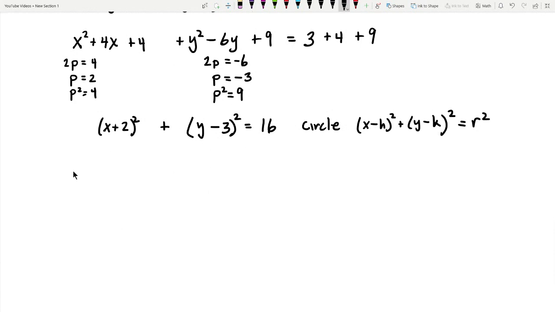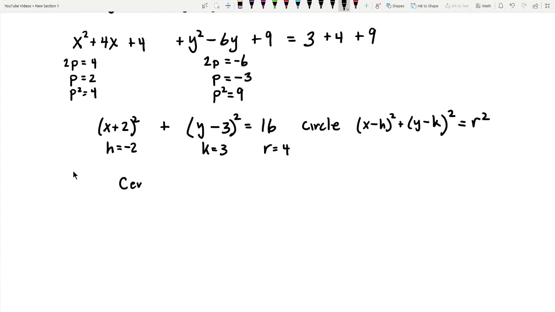All right, so x minus h, I have x plus 2, so h is -2. Y minus k, y minus 3, so k is 3. And r squared is 16, so r is 4.